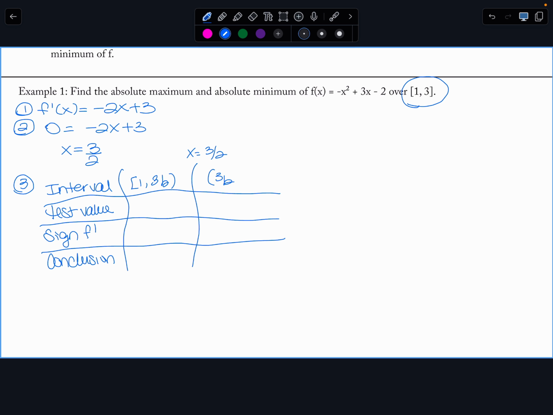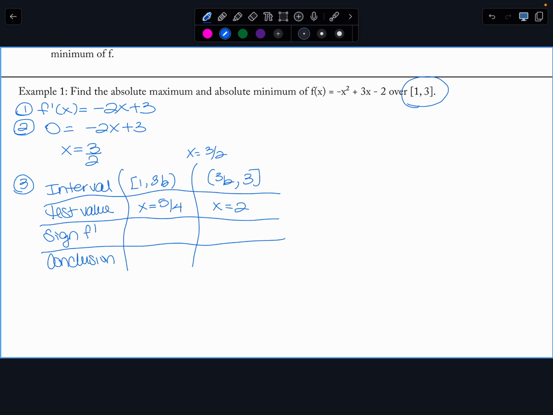So 3/2 to 3. And it is a closed bracket because I'm given a closed interval. It makes me mildly sad that I chose my interval to be 1 to 3 instead of negative 1 to 3, because now I can't choose 0. So I'll choose something else. Between 1 and 3/2, 1 1/4, and then between 3/2 and 3, like 2.